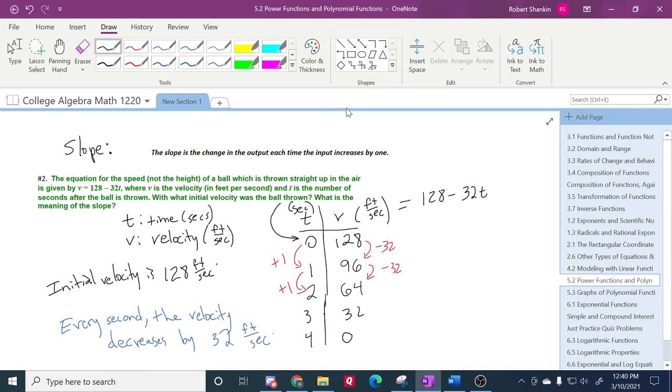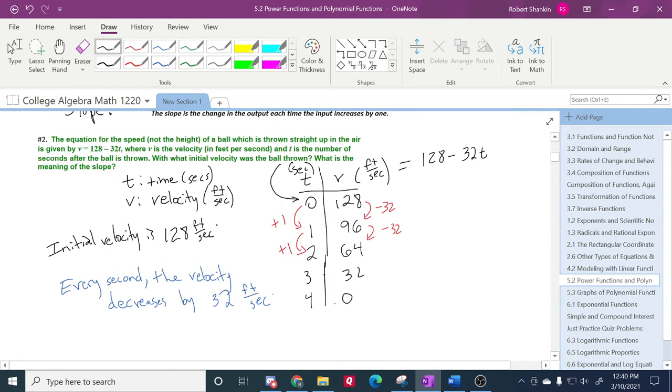And then at the very top, it has an upward velocity of 0. And then it starts going down, and it's going to be negative 32. And it's going to get faster and faster going down. It still decreases by 32, like this. All right, give me feedback on number 2.